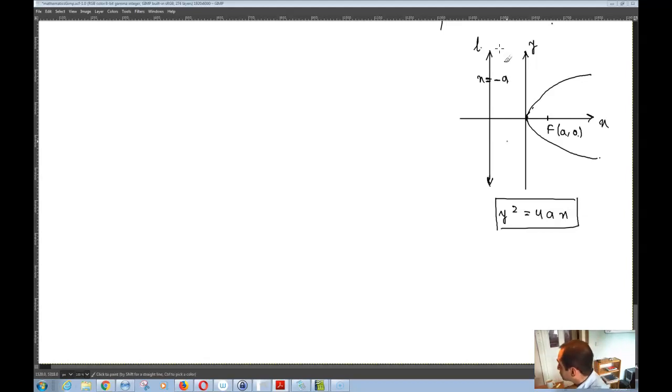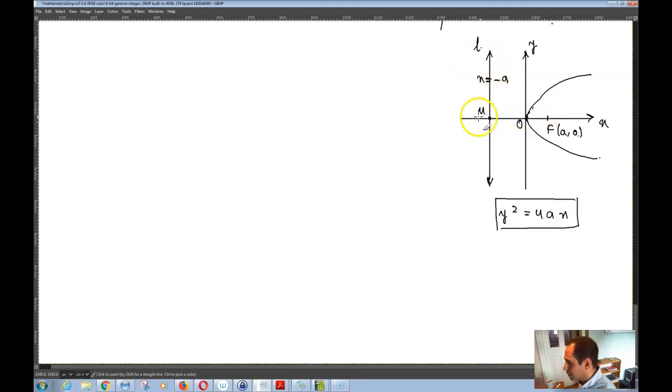All right, so if I assume that F is the focus and L is the directrix here, and FM is perpendicular to the directrix, then you know that O is the midpoint of FM, because F is at the distance (a, 0) on the x-axis, and the equation of this line is x equal to -a.